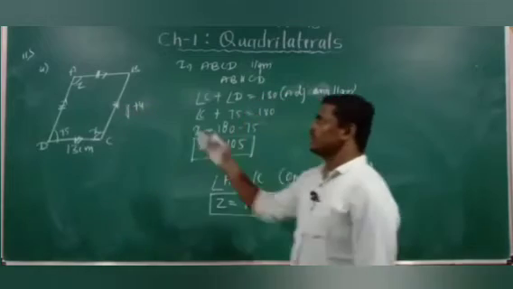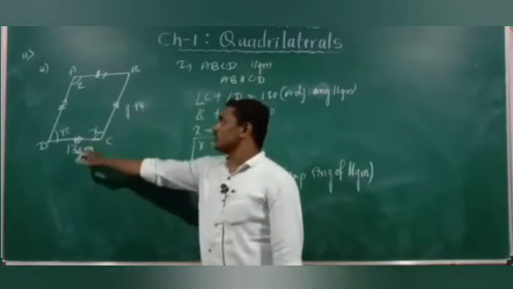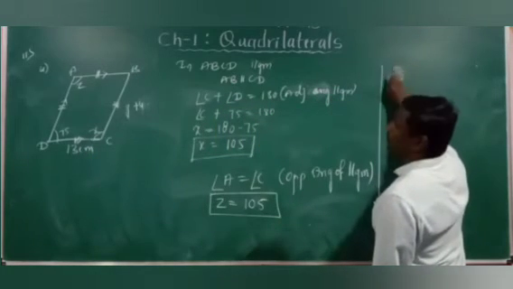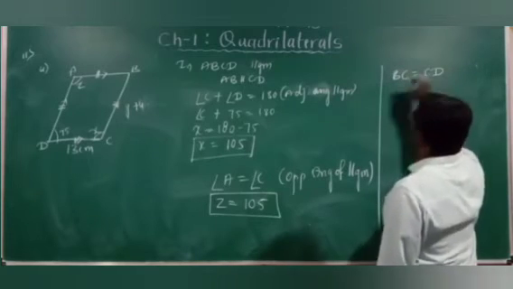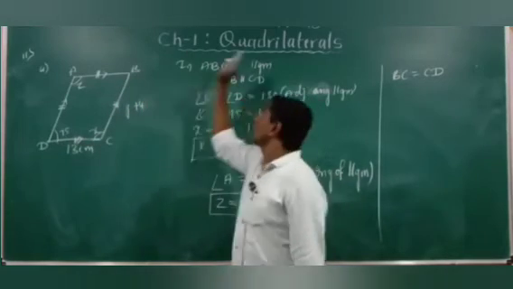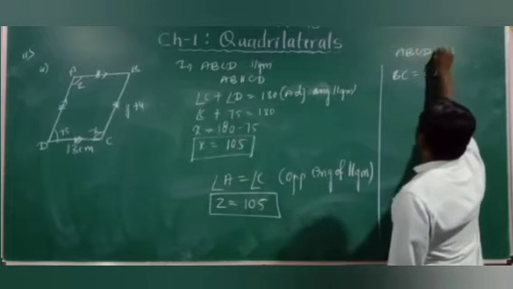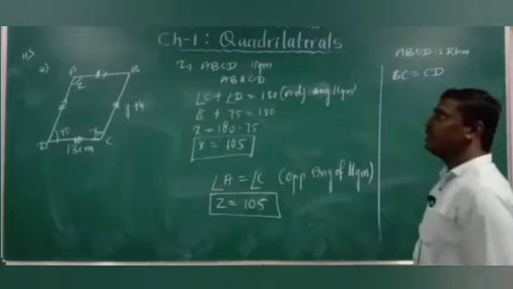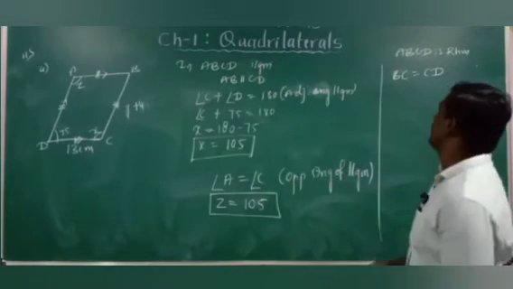All four sides are equal, so y plus 4 is equal to 13. Here BC is equal to CD because ABCD is a rhombus. Rhombus is also one of the parallelograms.